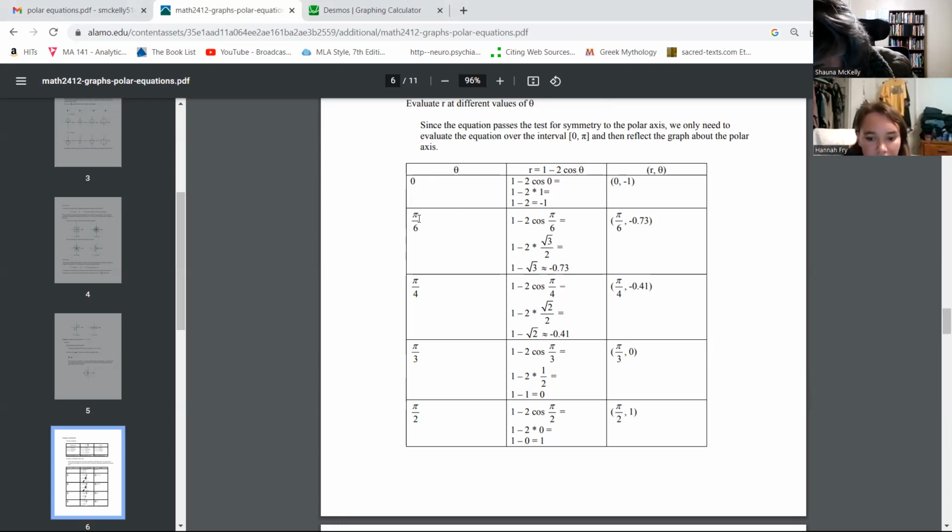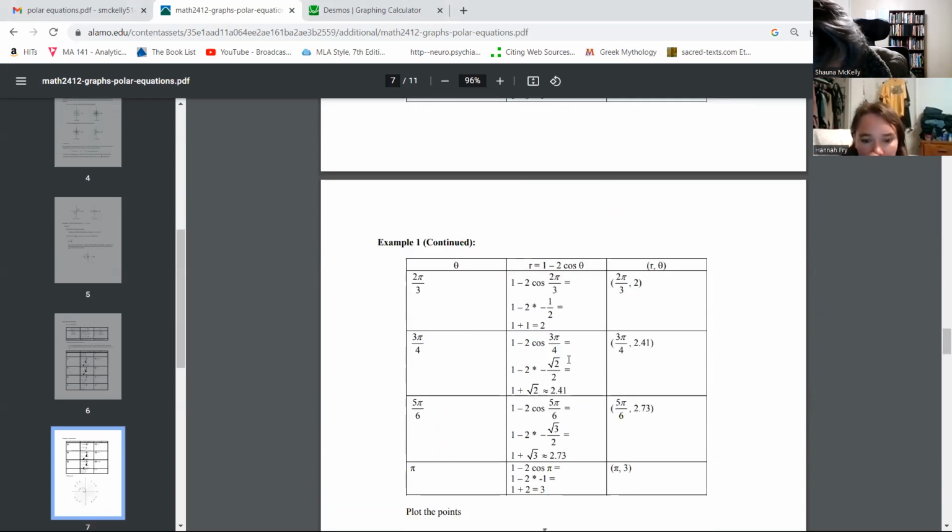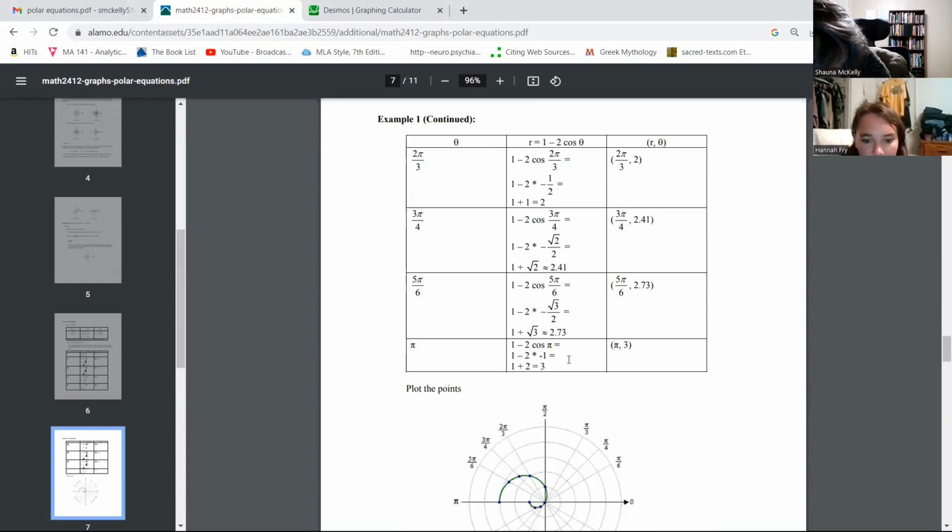Pi over 6, that's 30 degrees. 1 minus 2 cosine pi over 6. This is radical 3 over 2. Okay. So she simplifies. Here you get a decimal. Plot the decimal, 0.8, whatever. This is how they do it. They put it in there. They plot. Okay. Got it. She does some more angles. She does the first 2 quadrants.